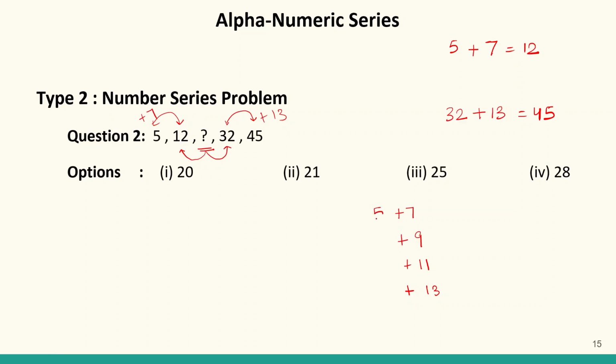Yes. So let us add 7 to 5, we got 12. Now let us add 12 plus 9, we'll get 21. Now in 21, if we add 11, we'll get 32. And in 32, if we add 13, we get 45. So is the number 21 within the logic? Therefore, our answer will be option 2, 21.